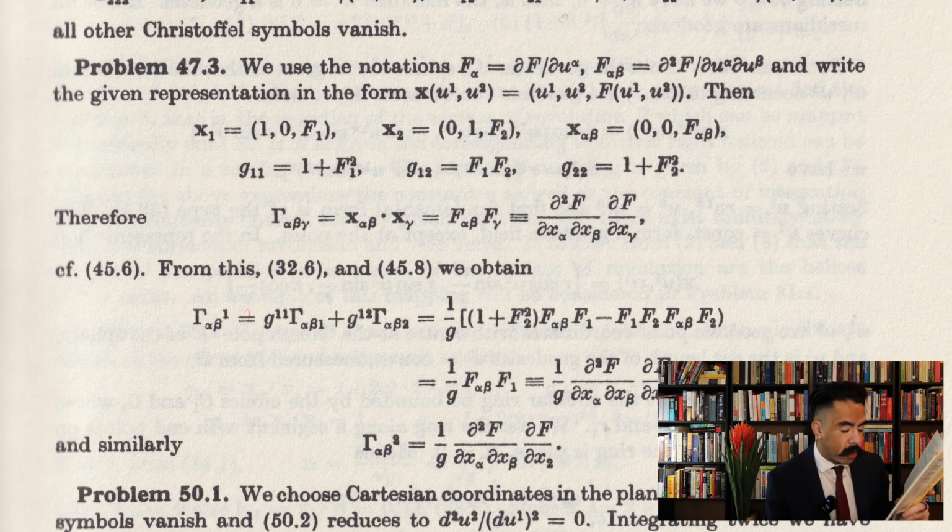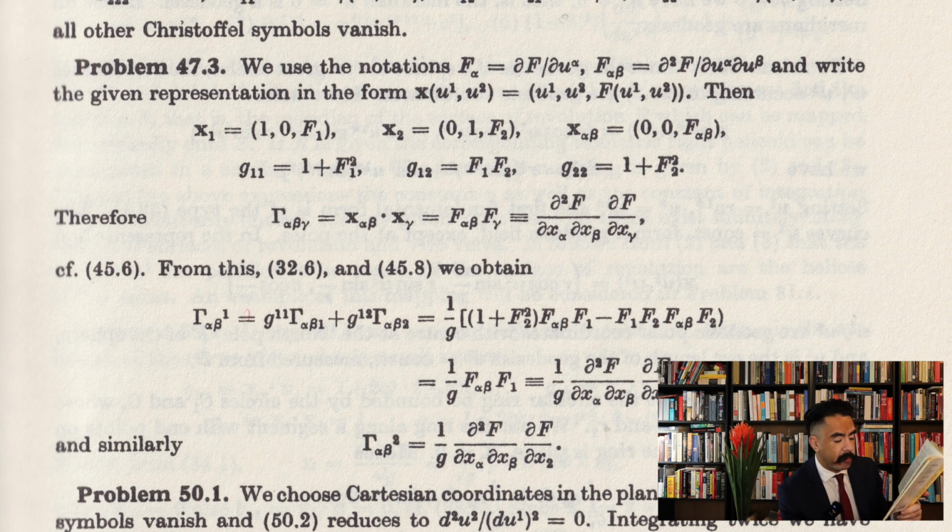Then x_1 equals entry-wise 1, then 0, then F_1. x_2 equals 0, then 1, then F_2, and x_αβ equals 0, then F_αβ. g_11 equals 1 plus F_1 squared. g_12 equals F_1 times F_2, and g_22 equals 1 plus F_2 squared.